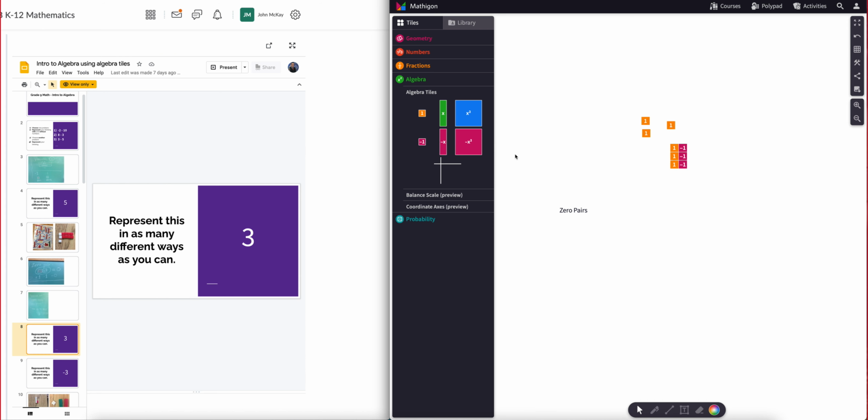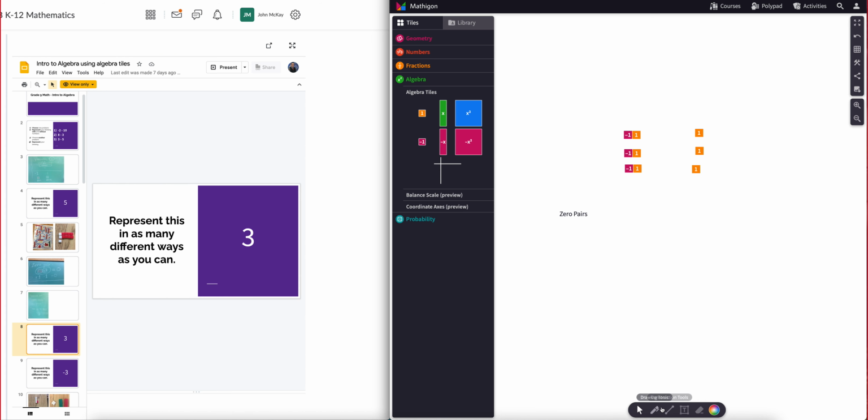But who's to say you had to start with the positive ones? Why can't you start with this? That's negative 3. Well, how on earth could I get positive 3 from having negative 3? Why couldn't you just go like this? 0 pair, 0 pair, 0 pair. And then what? That's still 3.